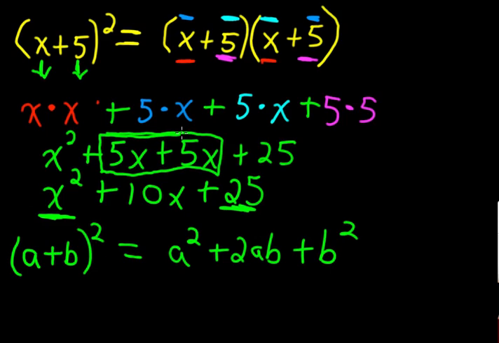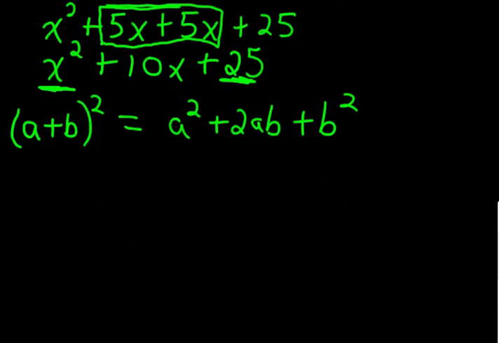I always have a hard time memorizing this, so I just FOIL it back out. I write it all back out so I can see each part. We can do this with the a plus b, so we can see where people get this rule from. So scroll down a bit here.